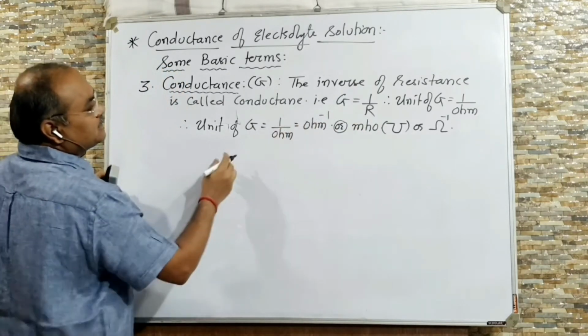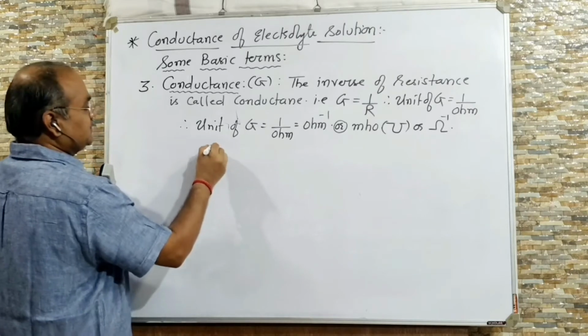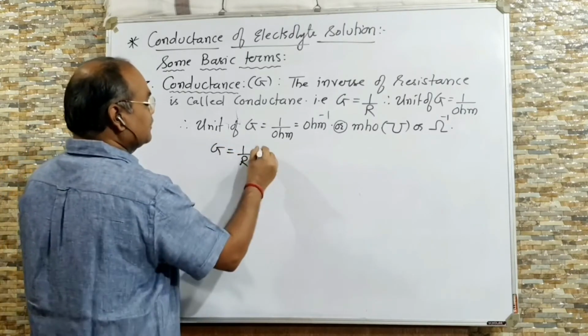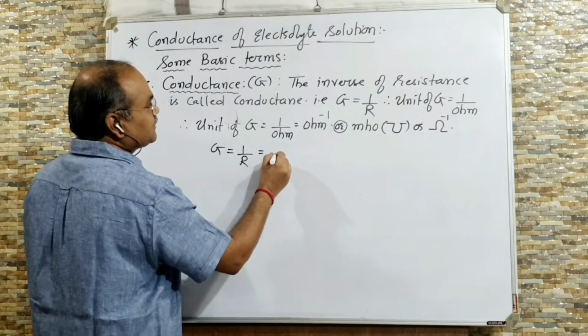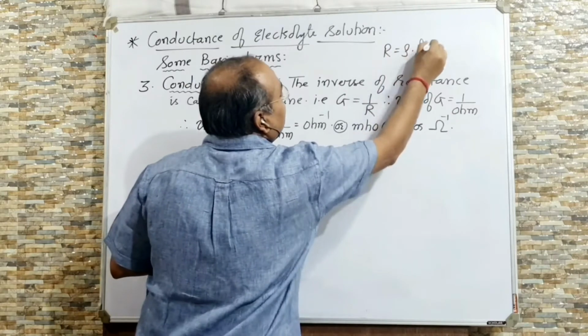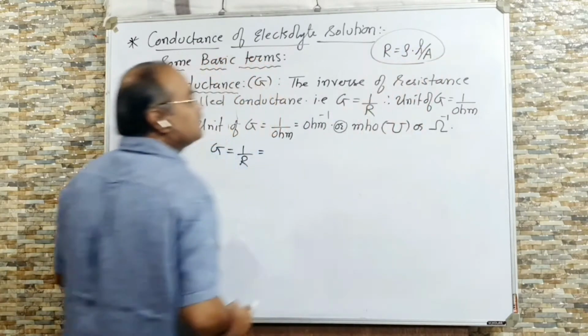Now we know that G is equal to 1 by R, and R was rho L by A, right?